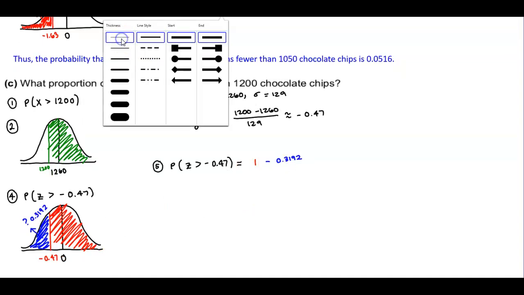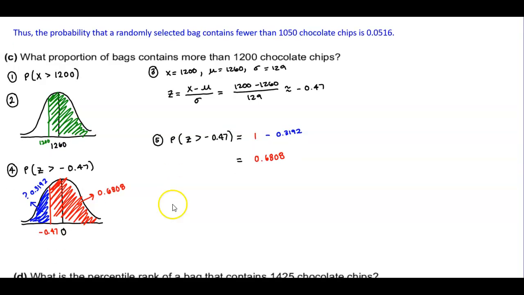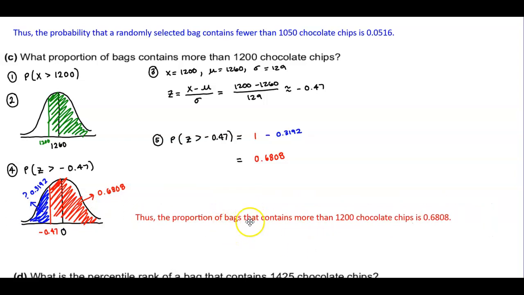So 1 minus 0.3192, and we get 0.6808. So that represents the area here, 0.6808. Therefore we can say that the proportion of the bags that contains more than 1,200 chocolate chips is 0.6808.